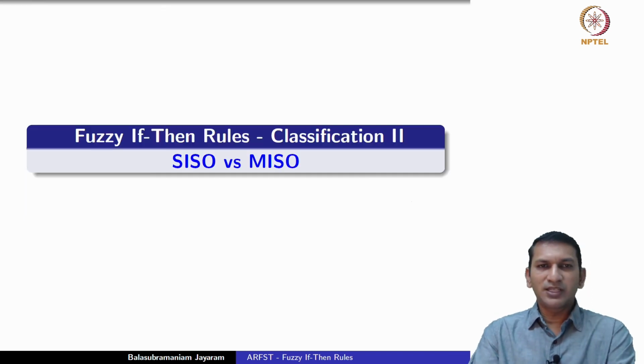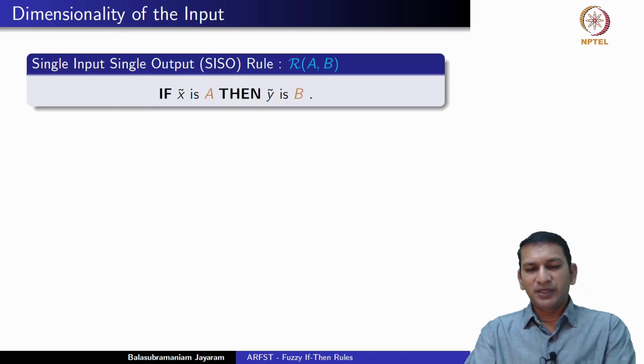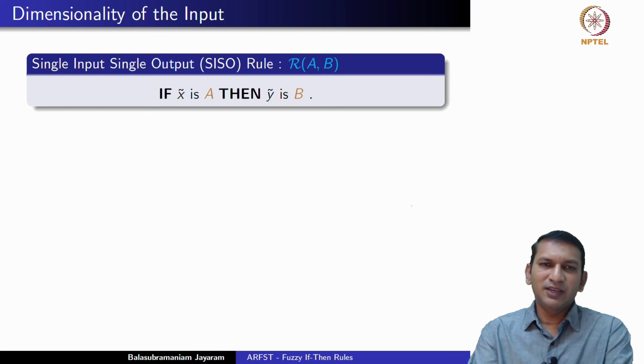A second way to classify fuzzy if-then rules is in terms of the dimensionality of the input. What do we mean by this? Look at this rule. We say if X tilde is A, then Y tilde is B. So A is a fuzzy set defined on domain X, which is just one. So X tilde is the only input and Y tilde is the only output, or the only antecedent and the consequent.